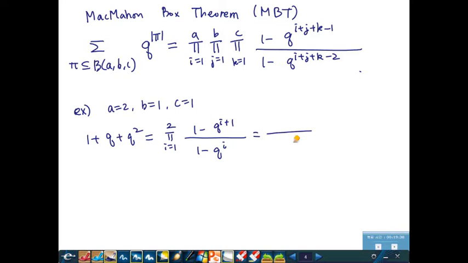So for I equals 1, we had 1 minus q squared, 1 minus q, 1 minus q cubed. Is this right? Yeah, that's right. So we can cancel this, and you see they are the same. So it works, at least for this very simple case. But this is true in general, and yeah, very nice theorem.